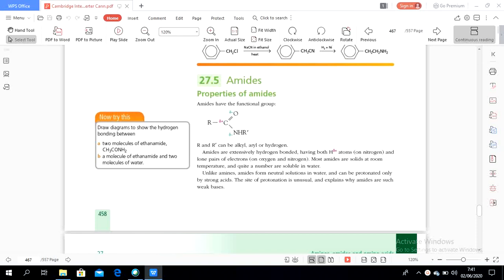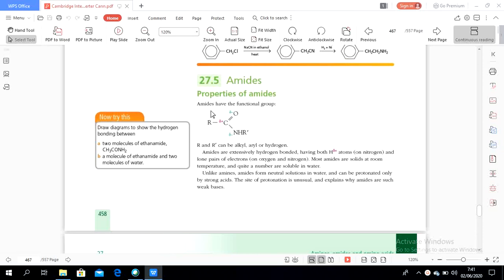Hello, A-level chemistry students. Right now I'm going to explain the chapter on organic nitrogen compounds, specifically section 27.5, amides. Let's see the structure and the properties of amides.